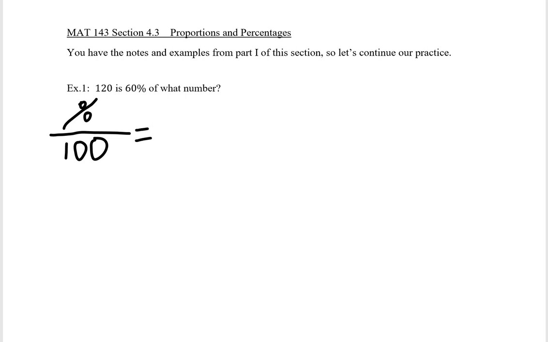Then you're going to set it equal to is over of, which means whatever number we're talking about is going to be on top, and then the part that it is part of goes on the bottom. So you'll see what I'm talking about with this example. Notice how we have 60% in the problem. So 60% is going to be represented with 60 over 100.